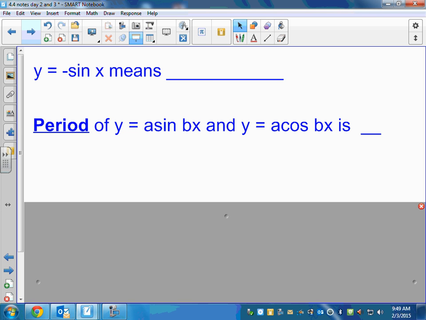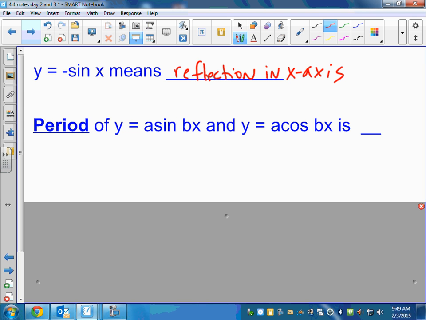A negative in front of sine or cosine means the exact same thing. So it means a reflection in the x-axis. So if they ask you to graph something with a negative, all of your numbers are going to switch. Normally sine starts at 0 and goes up, but if it's negative, it's going to start at 0 and go down. You can always make an XY chart to help you.